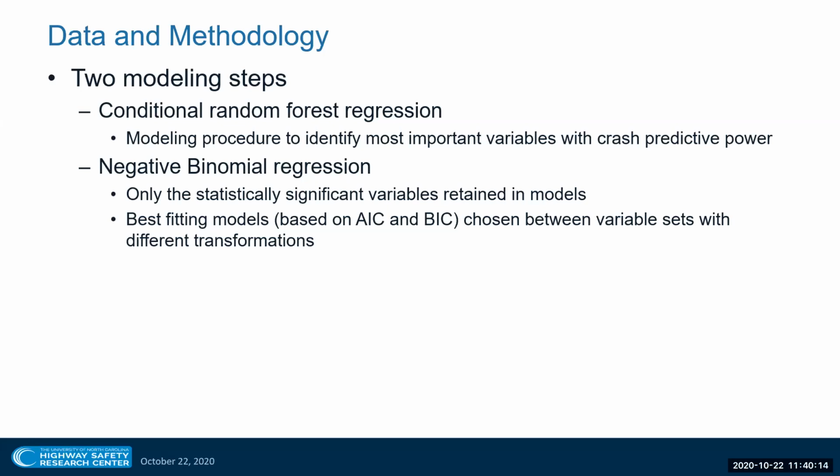The conditional random forest regression, for those of you who are modelers, isn't, however, that great for statistical significance testing, but it does allow us to narrow down variables, those that don't have much ability at all or don't seem at all related to our outcome crashes. We can then not use those in our further regression modeling.